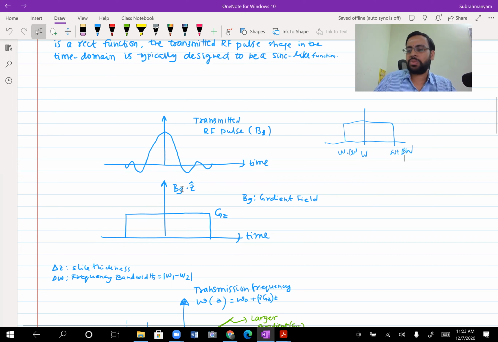See, now what you need to do is, with whatever frequency it is resonating, you have to give that frequency. From where do you give this frequency? This comes from b1, correct? So you are applying this uniform magnetic field, and your RF pulse, b1 as we are calling it, is what you should now give.